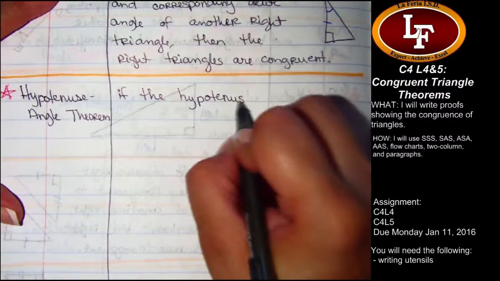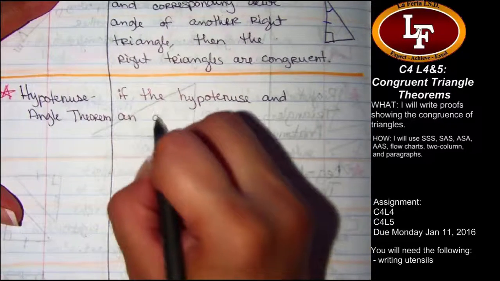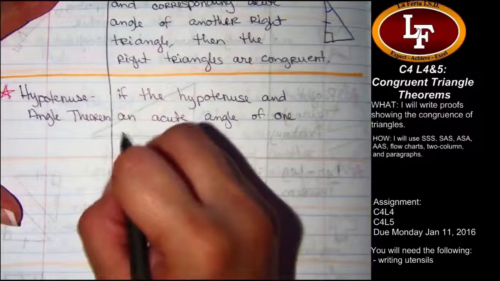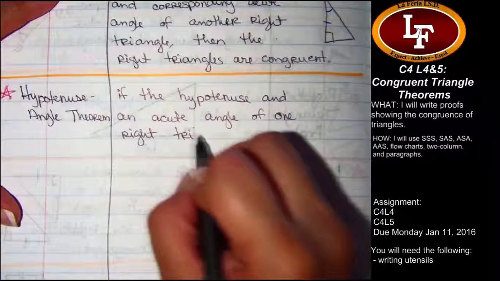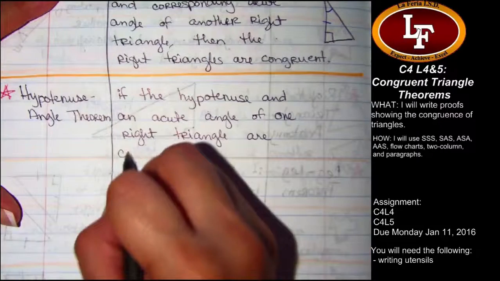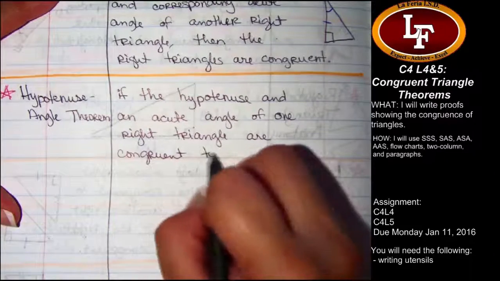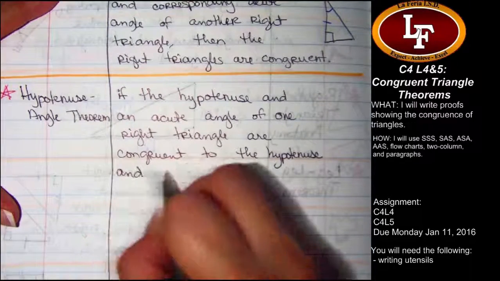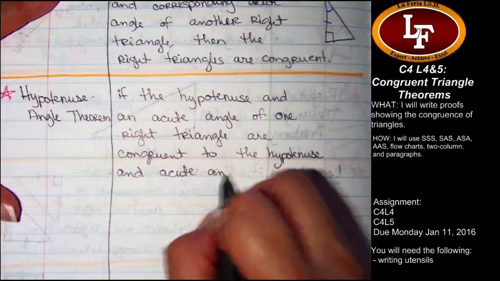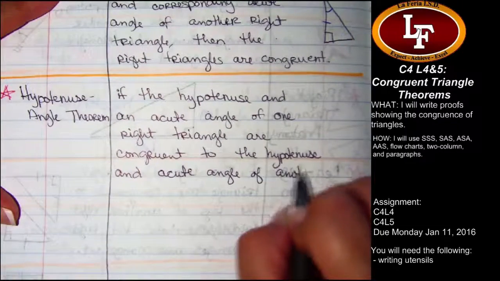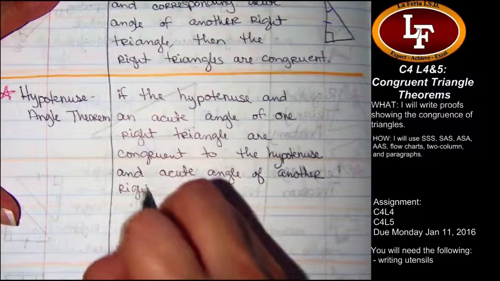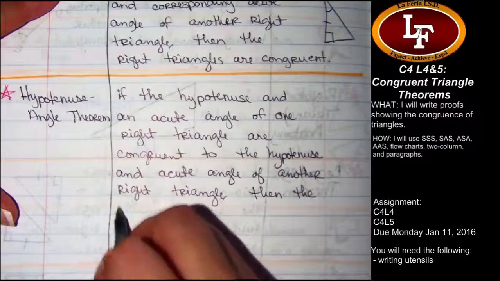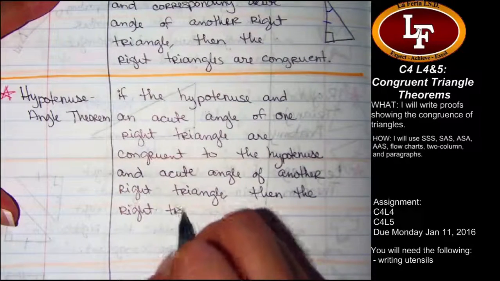So if the hypotenuse and an acute angle of one right triangle are congruent to the hypotenuse and acute angle of another right triangle, then, spoiler, the right triangles are congruent.